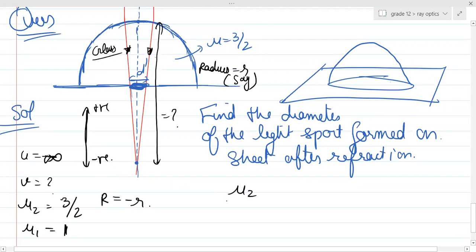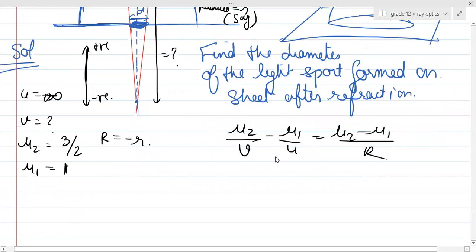So now mu 2 by v minus mu 1 by u is equals to mu 2 minus mu 1 by r. So mu 2 is 3/2. Image, I don't know where. Mu 1 is 1. Object is at infinity. And mu 2 minus mu 1 is 3/2 minus 1 divided by r, which is minus r. Yes or no? So I think this will become 0.